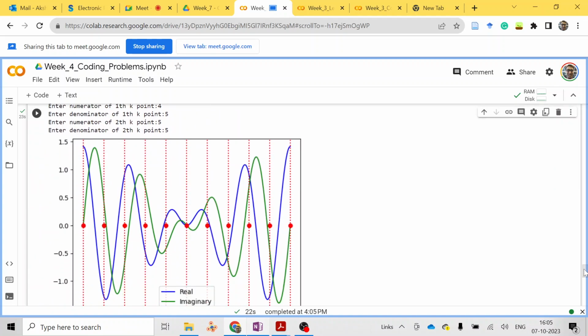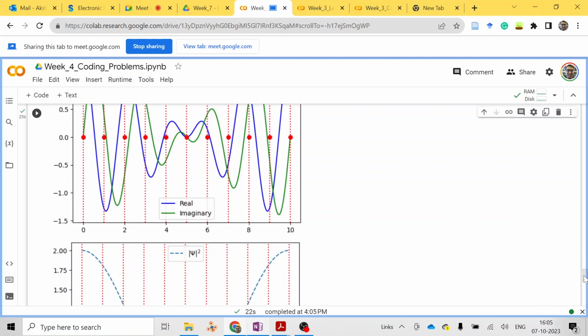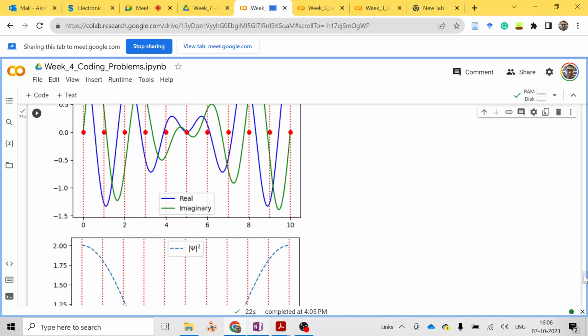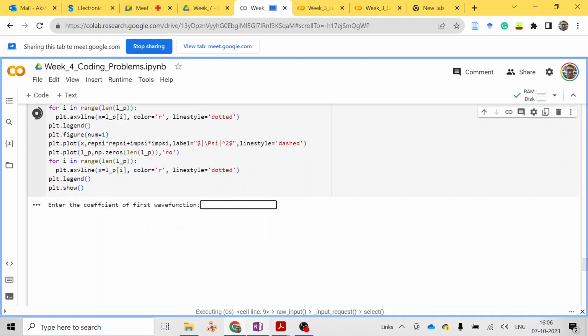Here we can see that the periodic boundary condition is still being satisfied. The blue curves are continuous, so psi of x plus capital N is still equal to psi of x. But mod of psi square is not periodic at all. So C option is wrong. C option is incorrect.